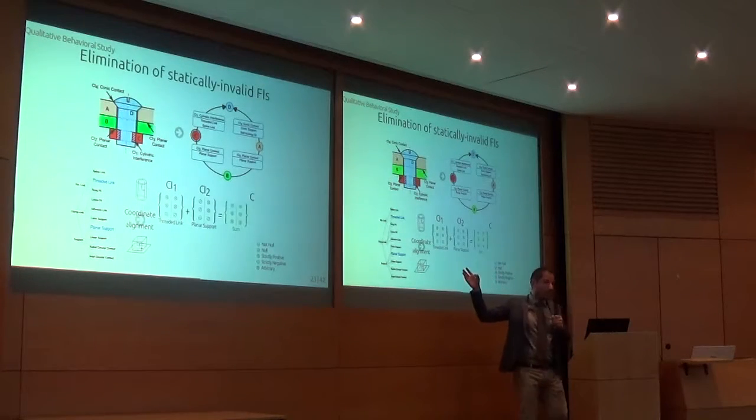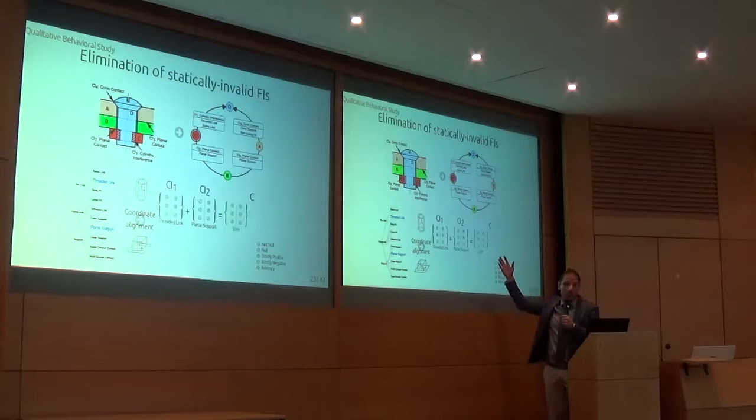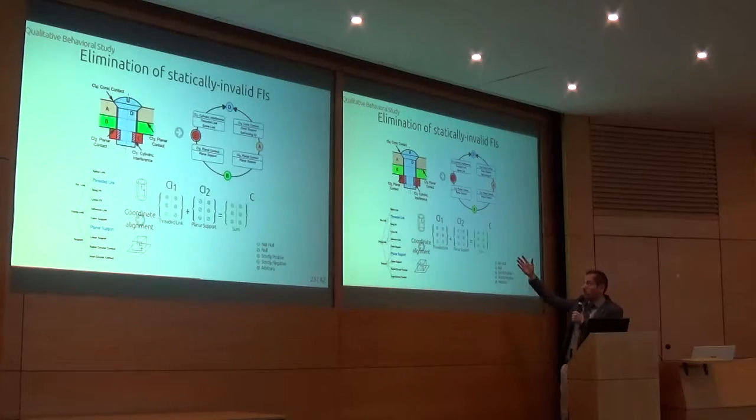In the process, we need coordinate alignment and point of application change. We use interval arithmetic to do summation and product, and we end up with a sum wrench screw. All of its components actually contain zero. So this is a nullable qualitative value, and it is an acceptable solution.